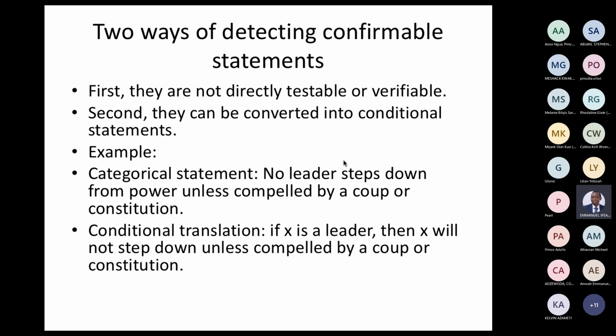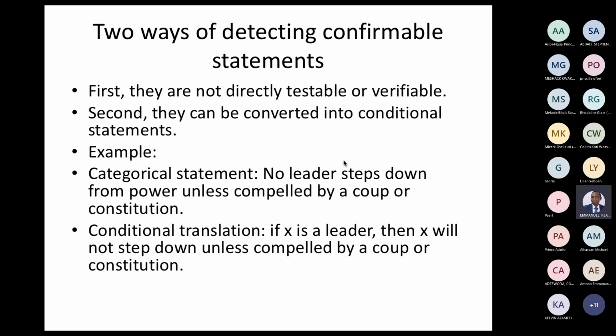For example, look at the following categorical statement: no leader steps down from power unless compelled by a coup or constitution. That's a categorical statement. Now you can convert it to a conditional.